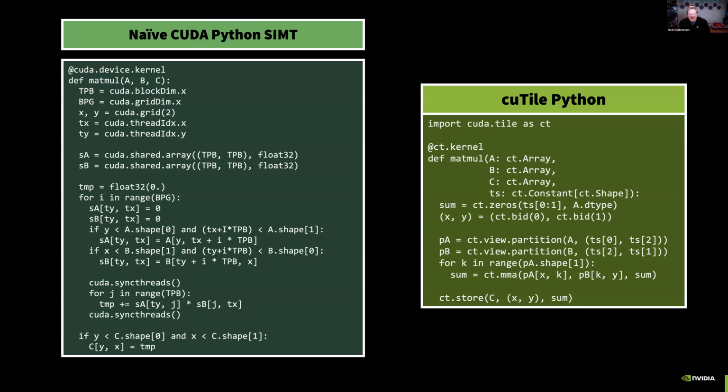So this is an example of doing a matrix multiplication between CUDA Python using the traditional CUDA SIMT programming model and a Qtile programming model. This is explicitly called out as a naive approach. This is probably the n cubed approach of matrix multiplication.